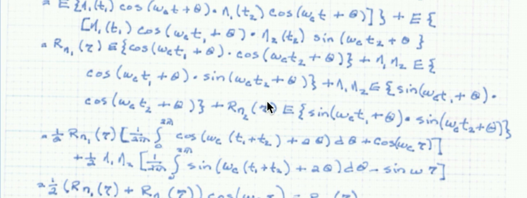This is a continuation of Homework 7, Problem 7, Section B. RZ, the autocorrelation of t1, t2, is equal to the expected value of Z of t1 times Z of t2.